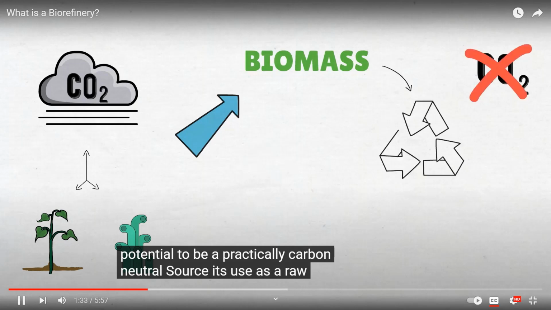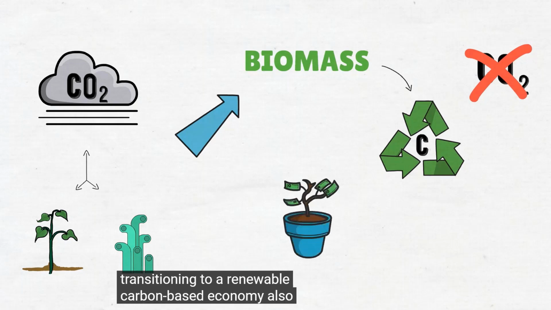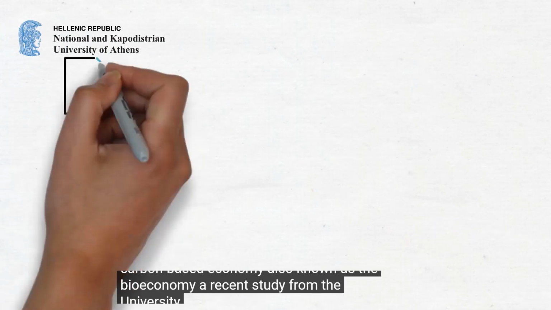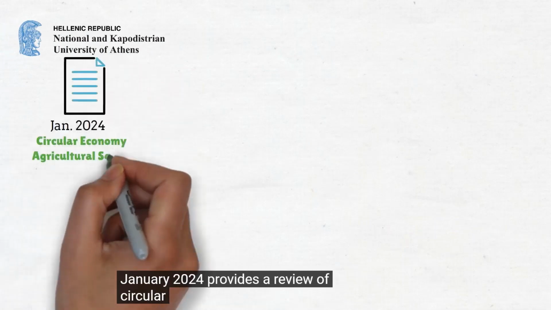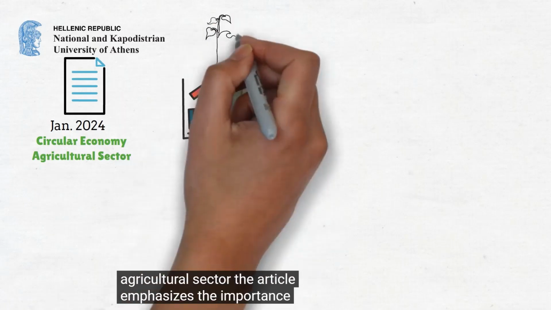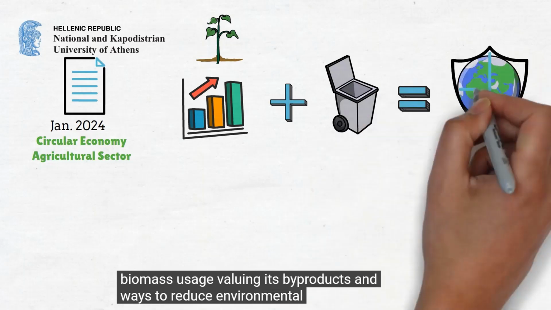Its use as a raw material represents a significant bet on transitioning to a renewable carbon-based economy, also known as the bioeconomy. A recent study from the University of Athens, published in January 2024, provides a review of circular economy practices in the agricultural sector. The article emphasizes the importance of maximizing biomass usage, valuing its byproducts and waste to reduce environmental impact.